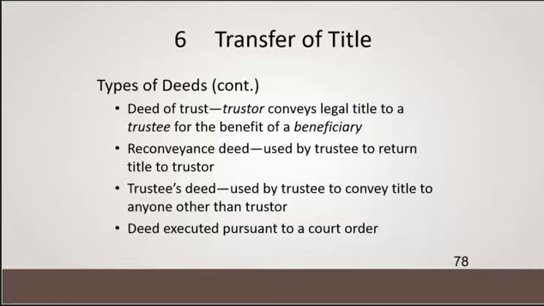Remember in the consideration clause, we told you that the generic term is $10 and other good and valuable services, and that's the generic in every deed? Well, I lied. It's not in every deed, because this one actually would have the full price, $129,500 and other good and valuable consideration.